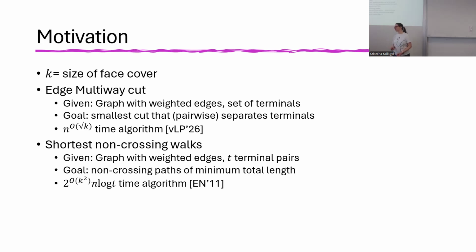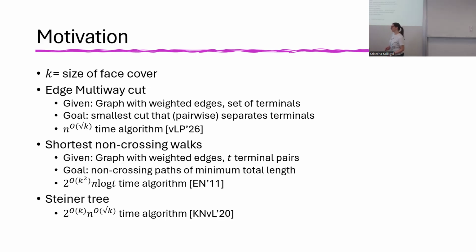Another example is shortest non-crossing walks in a planar graph, where we have, again, a graph with weighted edges and t terminal pairs, and our goal is to find the non-crossing paths of minimum total length. And there is an algorithm parameterized by face cover and the number of terminal pairs.